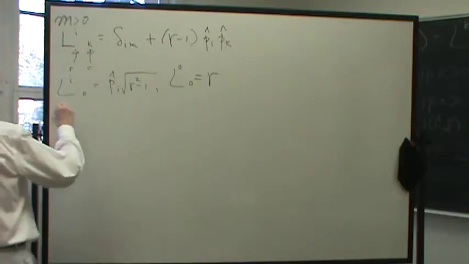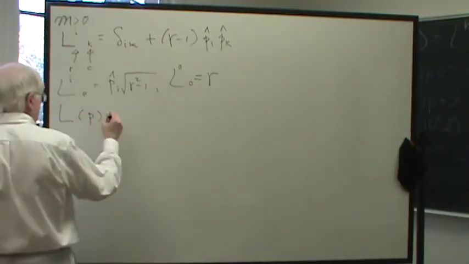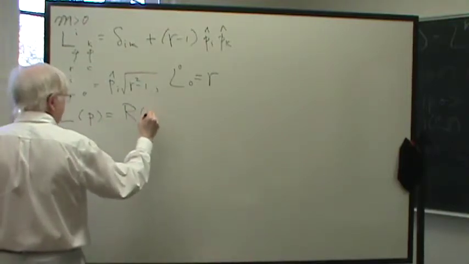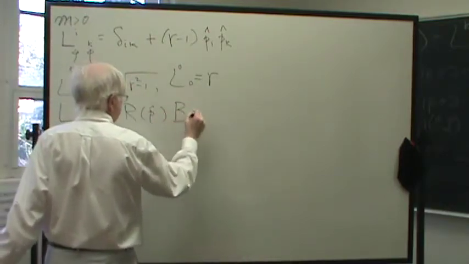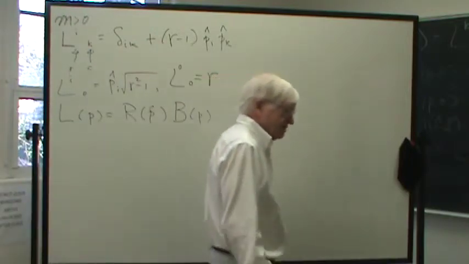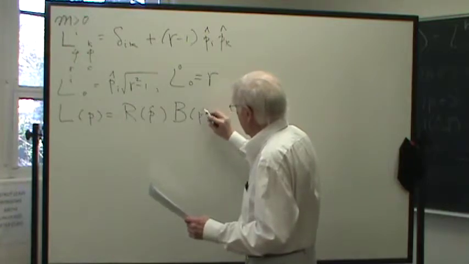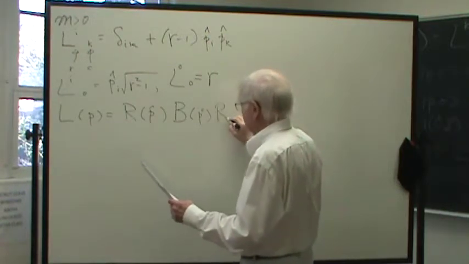Now, we can write this thing conveniently in the following way. R of p hat, a boost of p. And when I say p, I really mean p0. I'm going to write the 0 once, but in general, I'm just going to talk about p.